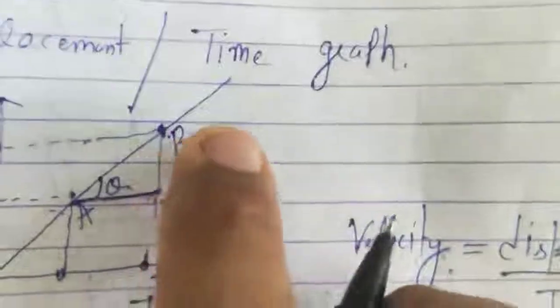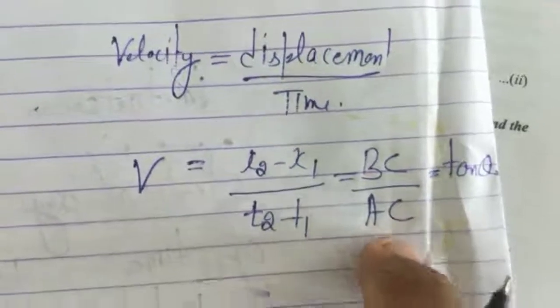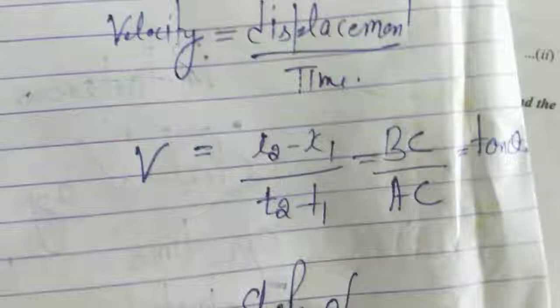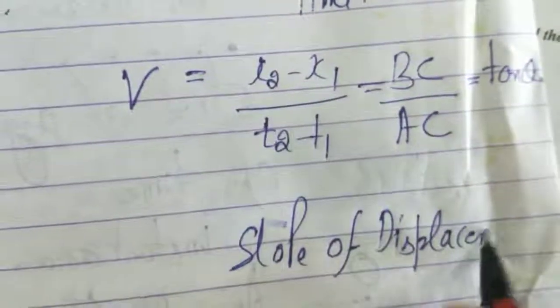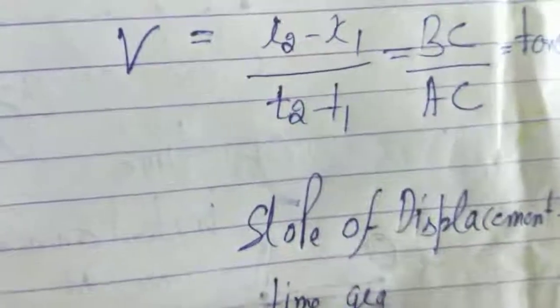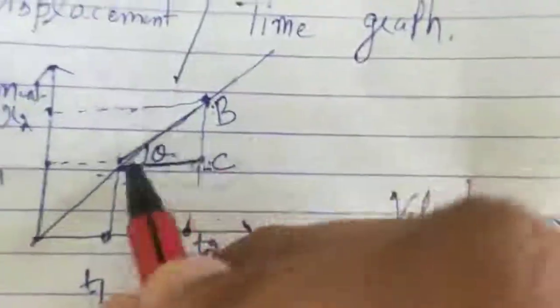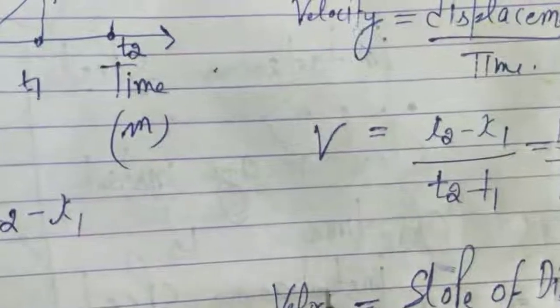What is this? Change in vertical quantity upon change in horizontal quantity. So this is the slope of the displacement time graph. So the slope of the displacement time graph will give you the velocity.